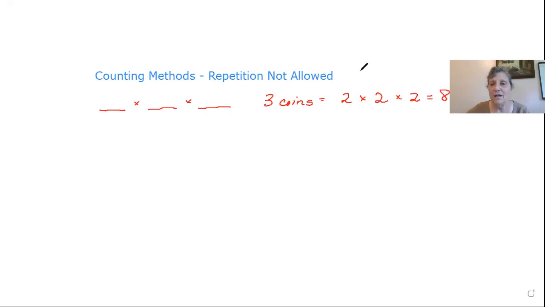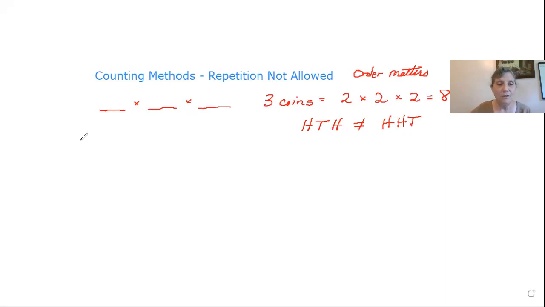We're talking in this case about order matters. If order matters, then heads, tails, heads is going to be different from heads, heads, tails, even though both of these involve 2 heads and 1 tail.